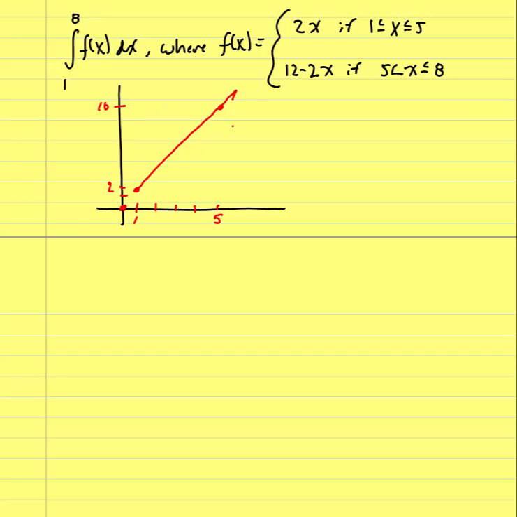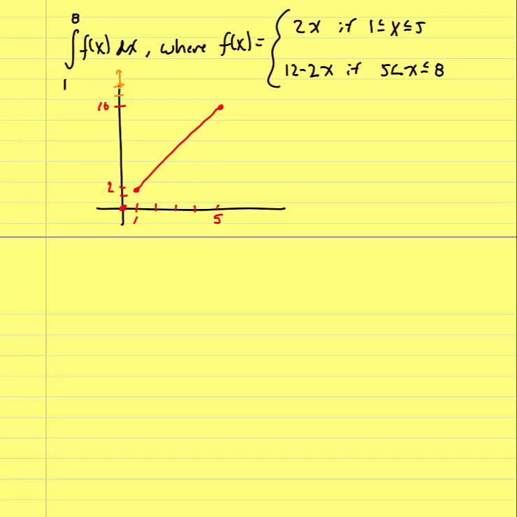Okay, so let's go ahead and fix this up a little bit. So that's where that graph stops. Now let's look at the other part of our graph here. This is a line with a y-intercept of 12, so 10, 11, 12. And then it has a slope of a negative 2.